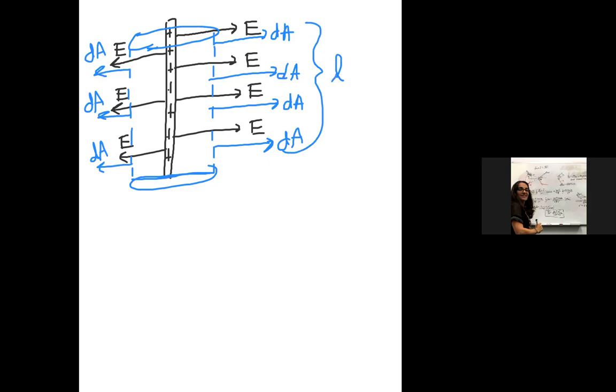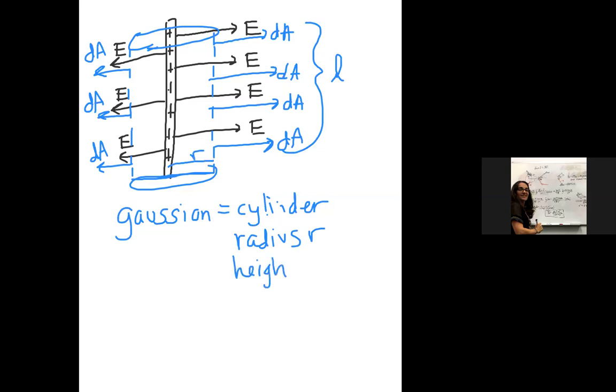Now my Gaussian is a cylinder, and the cylinder has a radius of r and a height of L. My charge is positive, and I know it has lambda, which is uniform, and that's all I know.